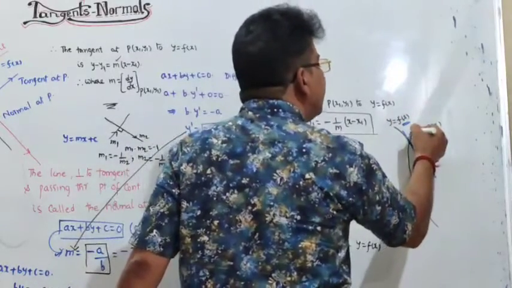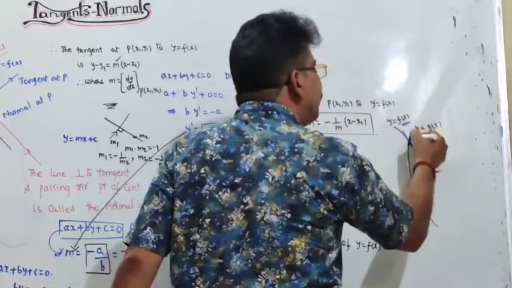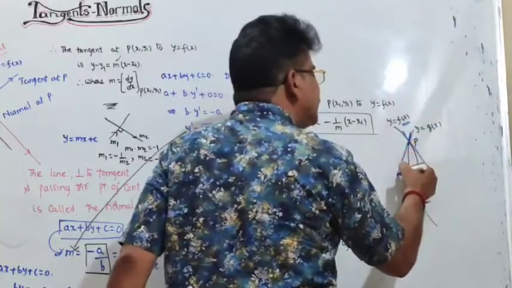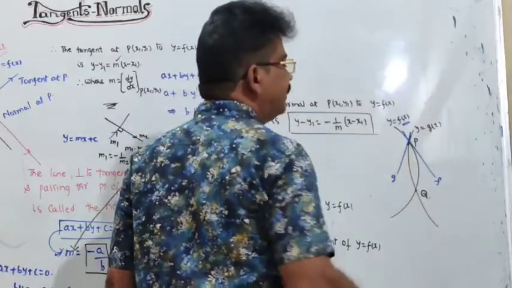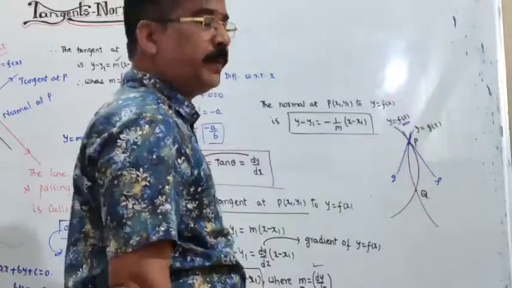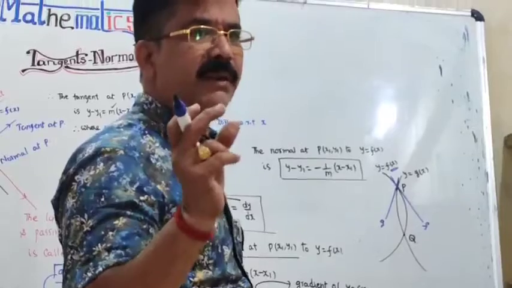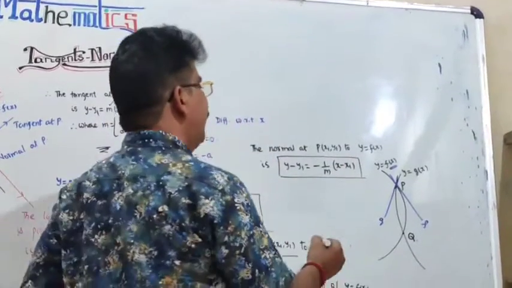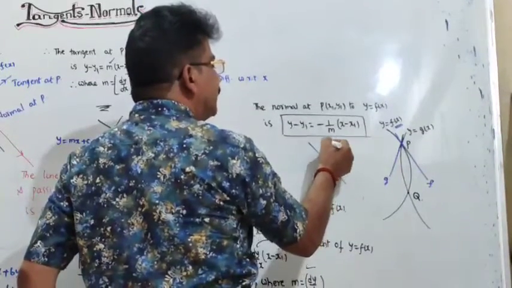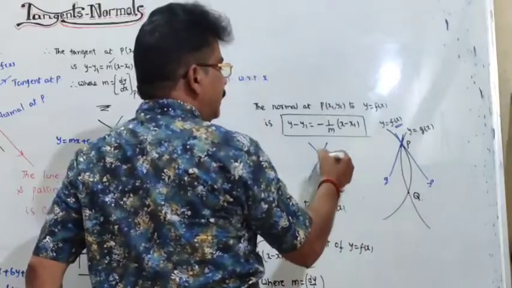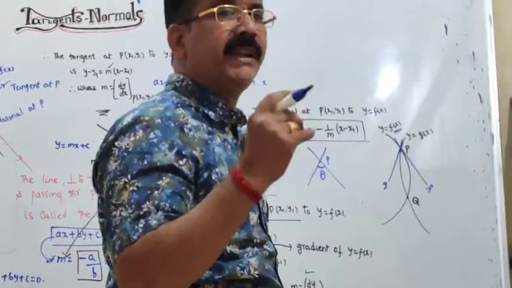Next, draw another tangent at the same point to the second curve. This is the tangent of z, and this is the tangent of the curve f at capital P. Directly we cannot find the angle between the two curves, so we take two tangents at capital P to the different curves. The angle between these two tangents is nothing but the angle between the two curves.